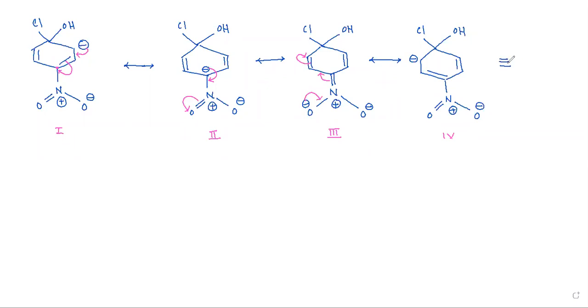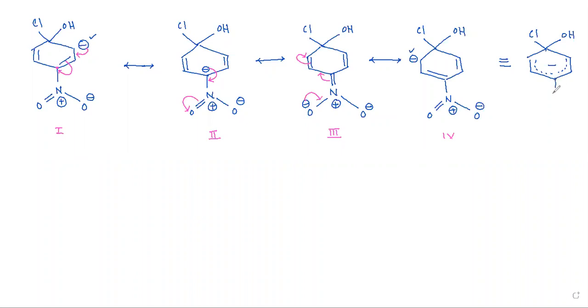Now these all, if you look at the structures, this is where we have started with our negative charge, and this is where we have actually ended up. So now all these resonance structures can be summed up or can be given in the form of a resonance hybrid.